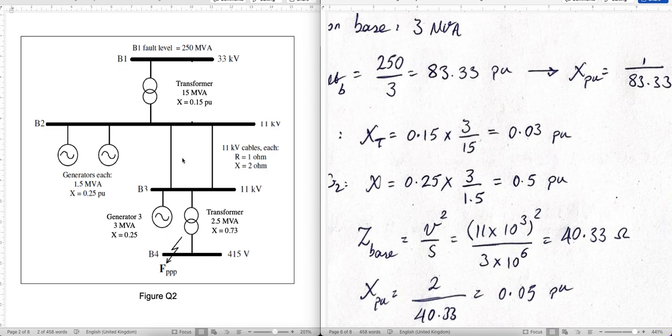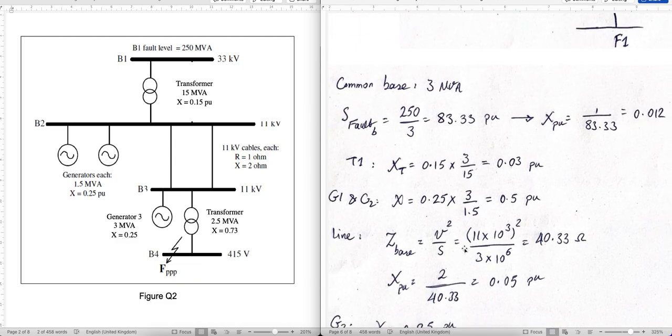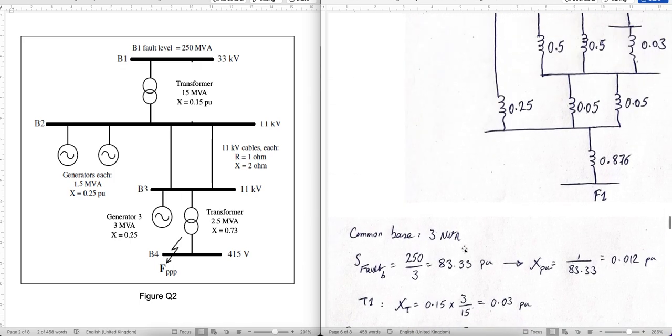So these transmission lines are in the 11 kV level. So we need to use 11,000 as the base voltage here. So 11,000 squared divided by 3 million volt-amperes or 3 MVA, because this is base power. 40.33 ohm is the base impedance for those transmission lines.